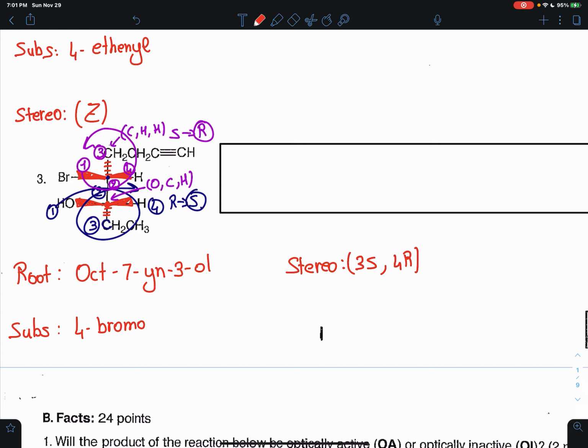So let's put the name together now. Again, remember we always start by putting the stereo first for the molecule. So we have 3S, 4R, 4-bromo, and then the root is going to be oct-7-yn-3-ol.